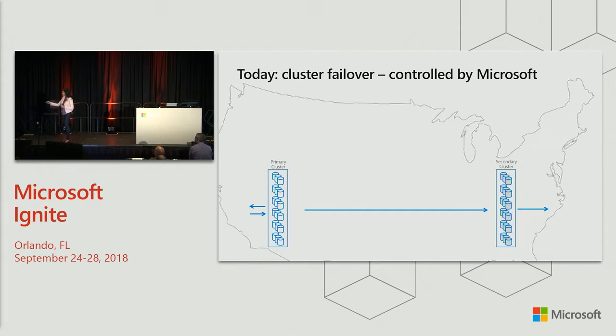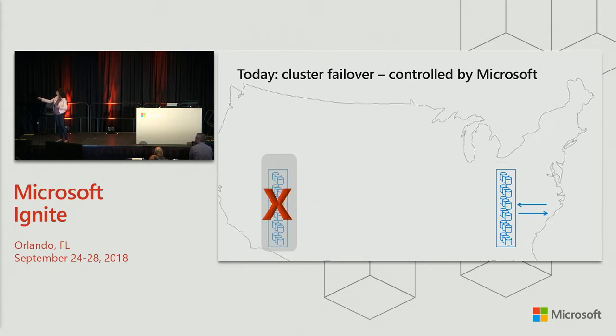So if there is a failure and we are not able to access the primary endpoint, we first try to recover data. Only if we truly can't, we need to do a failover. That is when we conduct a cluster level failover, and we swap the primary and the secondary. The DNS switches, all your requests are redirected, and your primary now becomes US East and your secondary becomes US West.